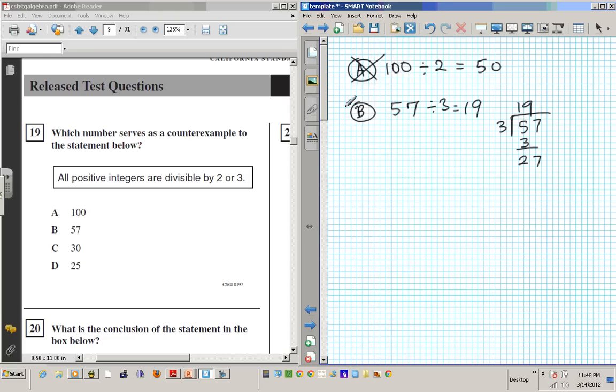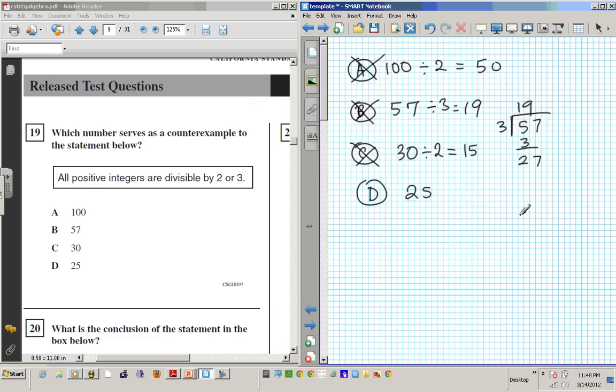So this doesn't work. Letter C, 30. Is it divisible by 2? Yes. 15 is also divisible by 3. So this is a bad one. How about D? Is 25 divisible by 2 evenly?